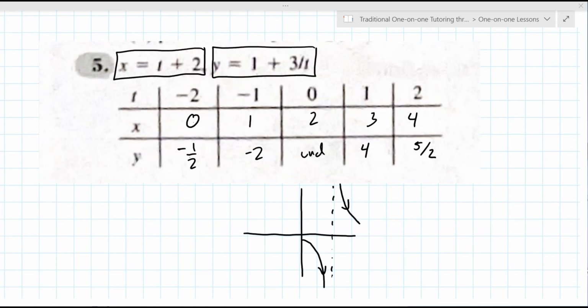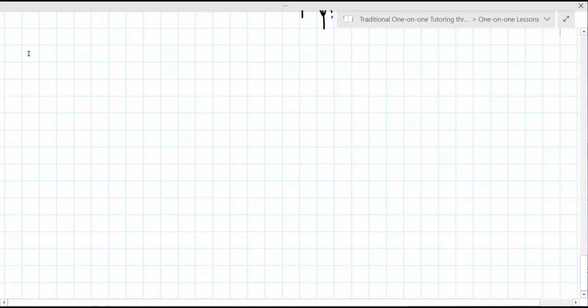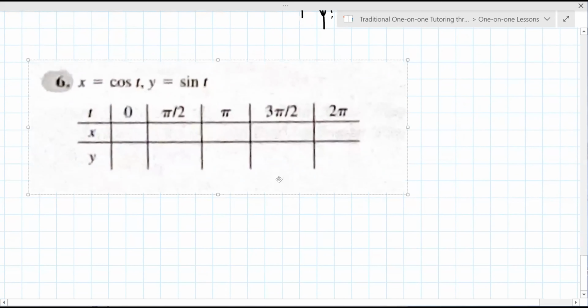All right, so number 6 is the same way. Although 6 we kind of actually already know what it is. It's a circle. Yeah. And you've probably seen where x is cosine and y is sine. So these are just the unit circle values.